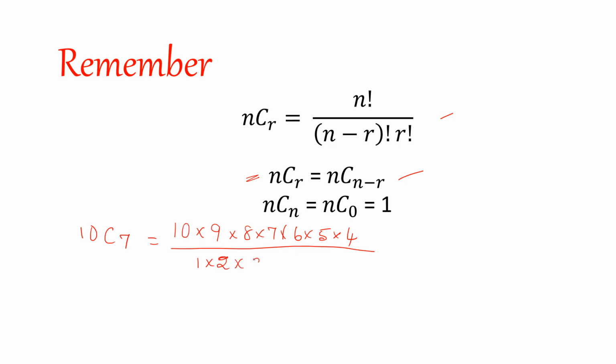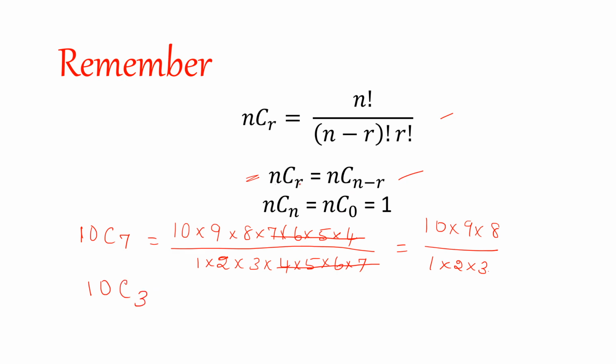So 1 into 2 into 3 into 4 into 5 into 6 into 7. So 4, 5, 6, 7 and 4, 5, 6, 7 will get cancelled. So you are getting 10 into 9 into 8 divided by 1 into 2 into 3.